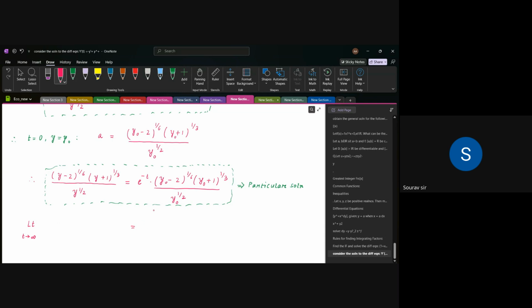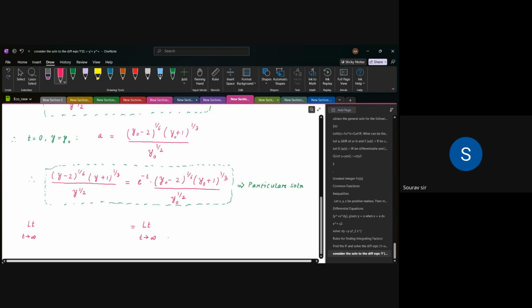If I start with the RHS, what would happen to this component as t tends to infinity?